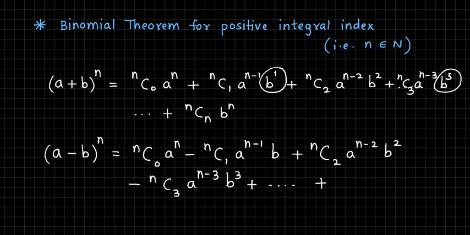So for this we attach a small expression, which is minus 1 raised to n, which always helps us put the correct sign based on whether n is even or odd, and we complete the last term as nCn B raised to n. Now you can see if n is odd, then the final term, the coefficient, will be negative. If n is even, then it will be positive. Alright, so this is the deduction from the binomial theorem based on the original formula.